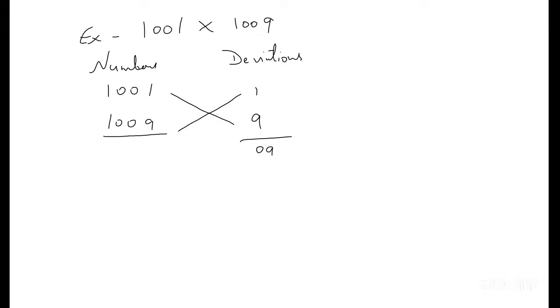Meaning that the first digits of the numbers will be equal. In the sutra, in every question I can see the first digits are the same. That is one condition. Another condition is when you add this and this, and this and this, you will get the same answer.